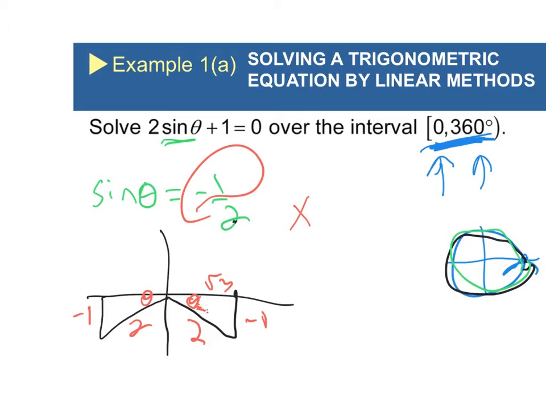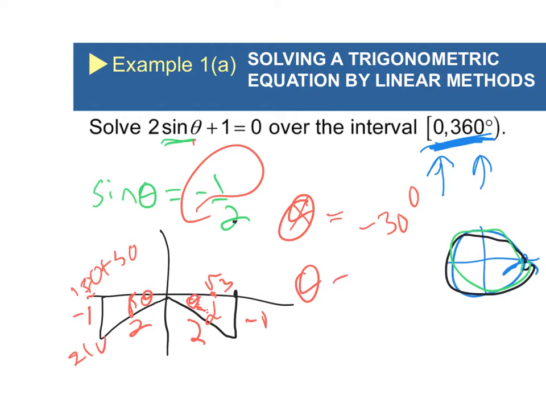Theta could be a negative 30, or theta could be, if this is 30, then 150 plus 30, 180 plus 30 must be a 210. Theta could be 210 degrees.